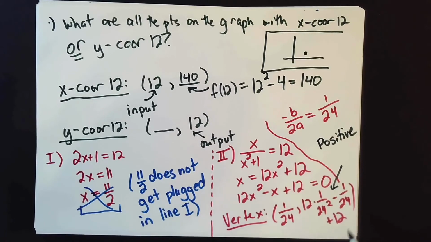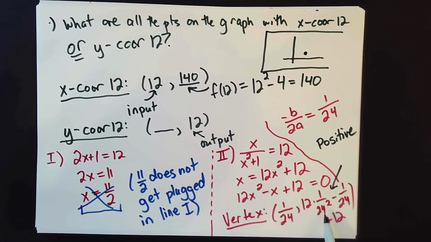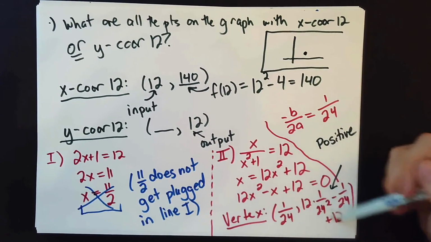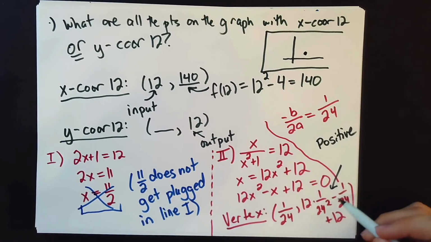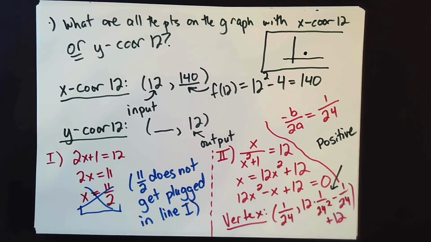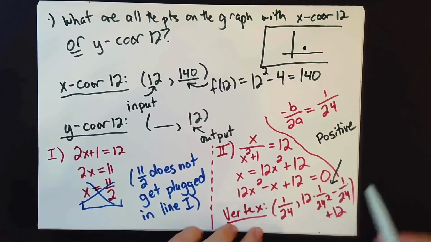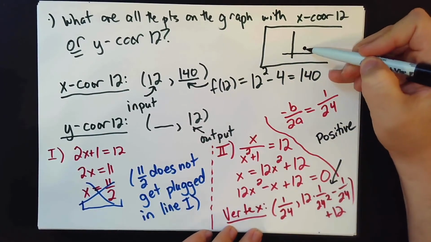Okay. How do I know this is positive? Well, 12 divided by 24 squared is definitely positive, and 12 is positive. And then what have I subtracted from adding these two positive numbers? Minus 1/24th, which is much smaller than 12. So when I add these, I already get something positive, and then I add something positive to it. Okay. So that's where my vertex is.